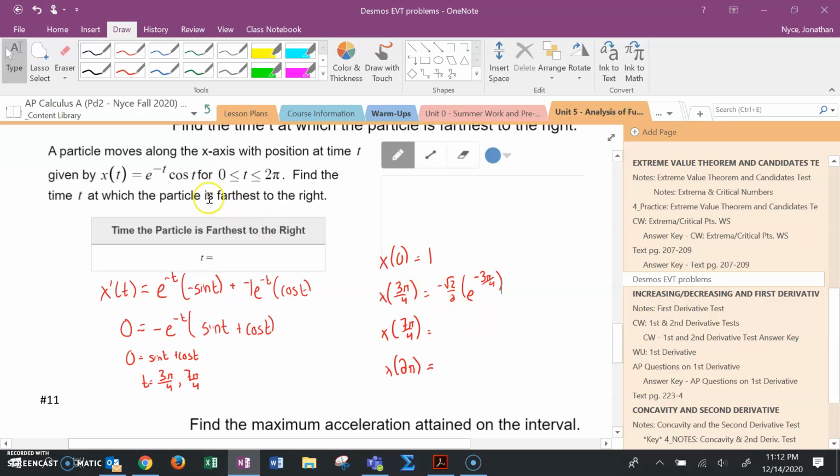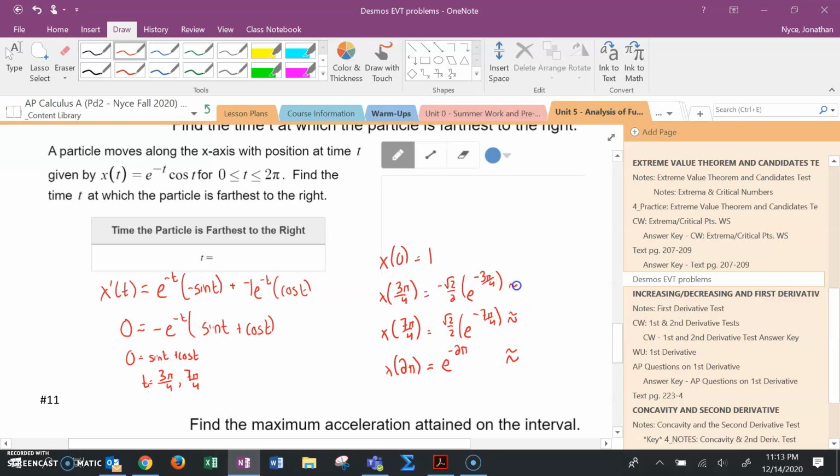For 7 pi over 4, the cosine of 7 pi over 4 is root 2 over 2 times e to the negative 7 pi over 4. And for 2 pi, cosine of 2 pi is 1, so we end up with e to the negative 2 pi times 1.